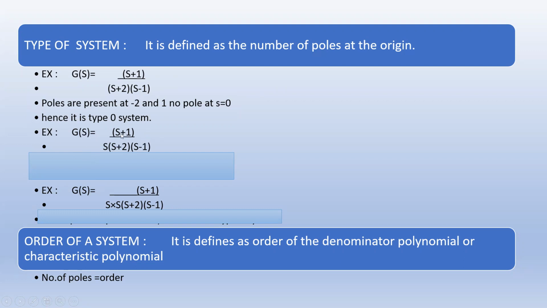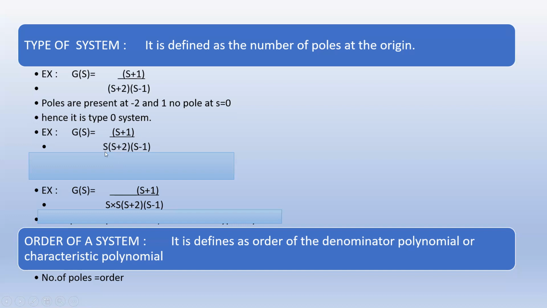Now the next transfer function, G of s is equal to s plus 1 by s into (s plus 2) into (s minus 1). Here we have poles at s equal to 0, s equal to minus 2, and s equal to 1. And we have a zero at s equal to minus 1, that does not matter.